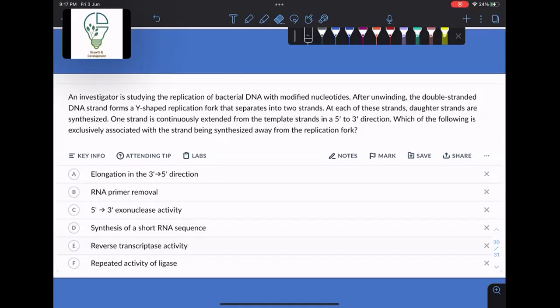So the RNA primase comes and attaches to the lagging strand first and starts synthesizing the RNA primer in the 5-to-3 direction. In prokaryotes, we have DNA polymerase 3, which then attaches to the primer and starts manufacturing the segment of DNA in the 5-to-3 direction.